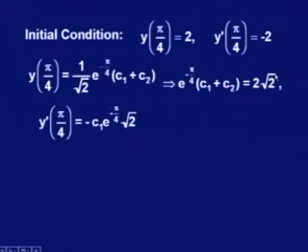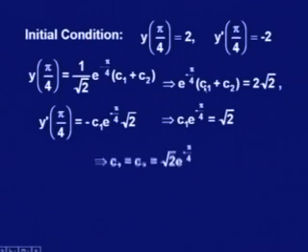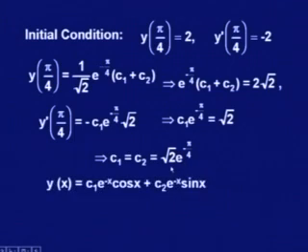Similarly, from the second one we get c1 times e to the power minus pi by 4 is square root 2. So, from here we get the value of c1 and put it over here to get the value of c2, and both are equal to square root 2 times e to the power minus pi by 4.